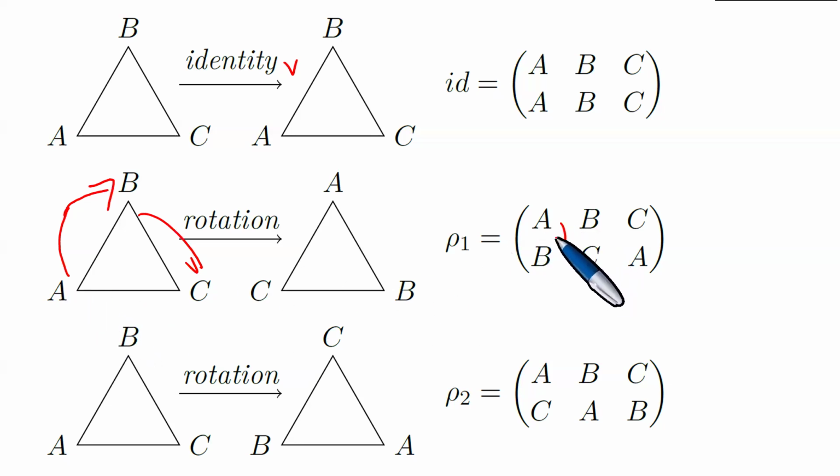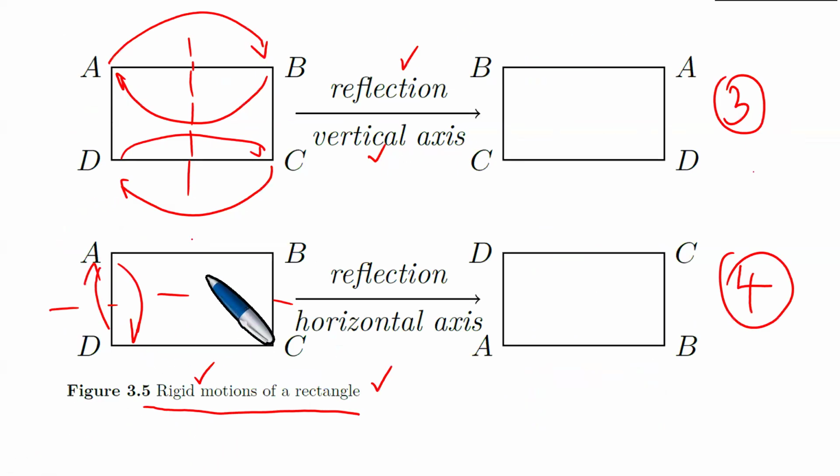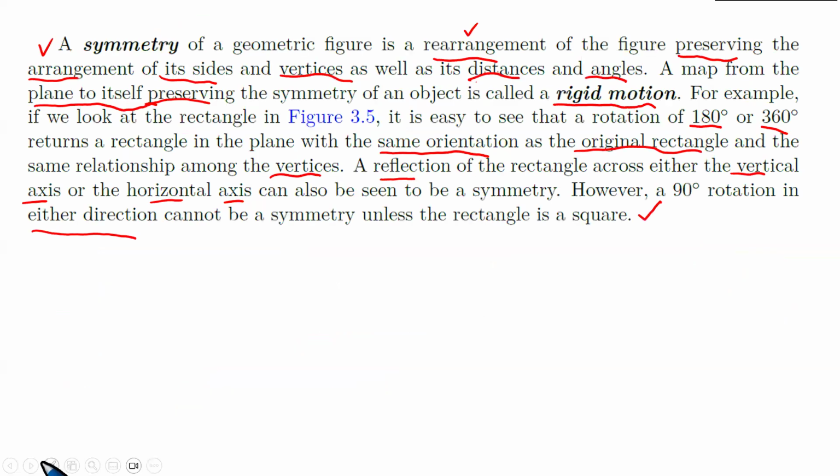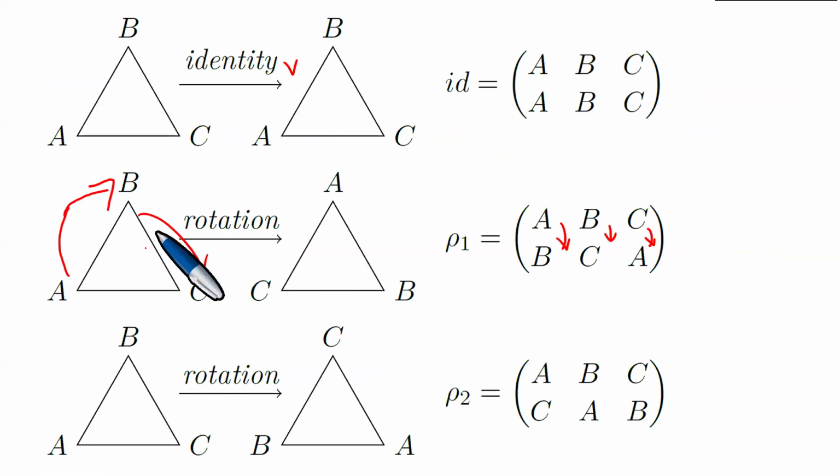So A goes to B, B goes to C, and then C goes to A. We can see that the author of the book looks at rotations in the clockwise direction, like the direction of a clock. You can always look at these rotations in a clockwise sense. So A goes to B, B goes to C, and C goes to A.